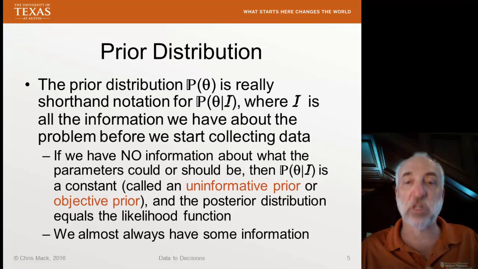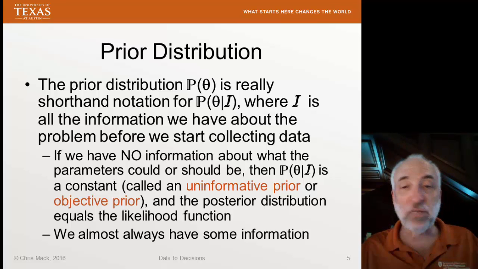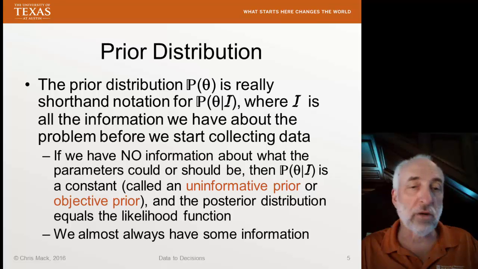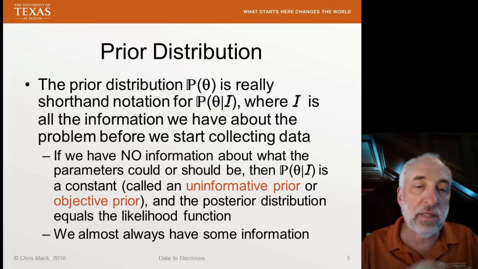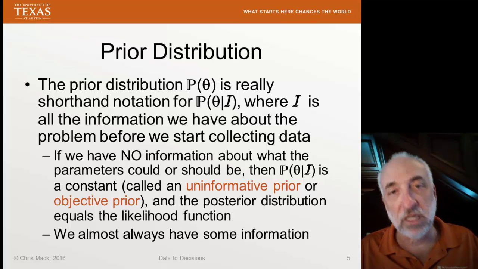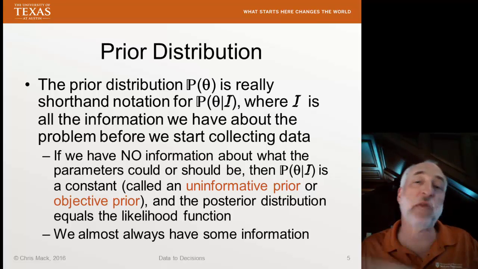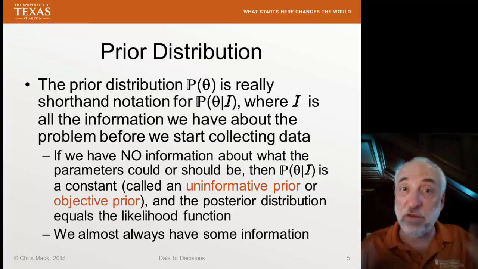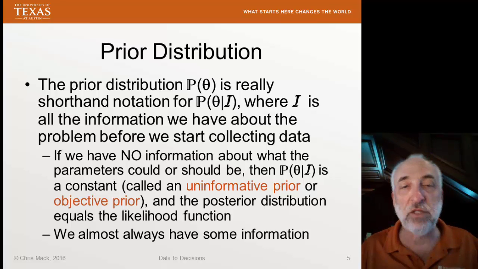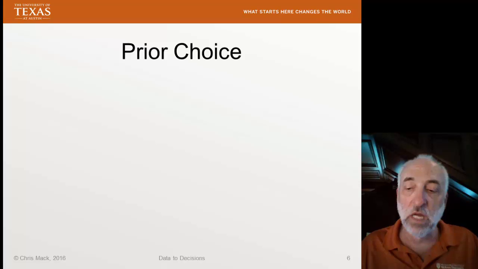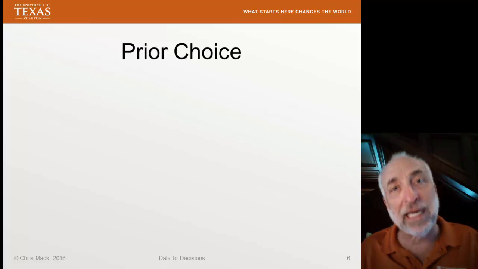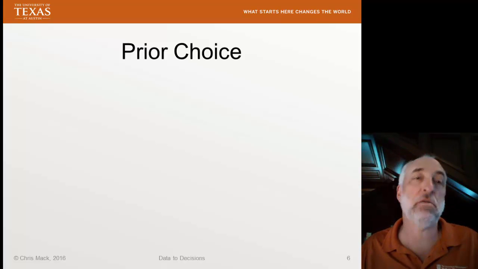Sometimes we have no information. We're going to talk about that in a moment, in which case we say we have an uninformative prior or an objective prior, and it usually is modeled as some kind of flat distribution. But almost always we have some information, just a matter of how do we grab it and put it into this format. So the prior choice is the key to successful Bayesian regression.